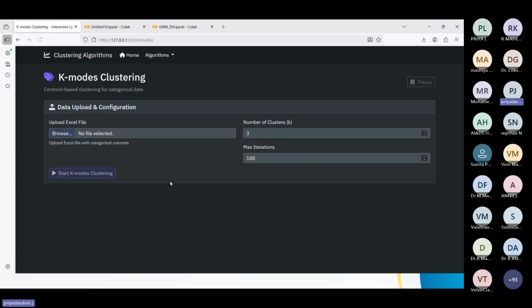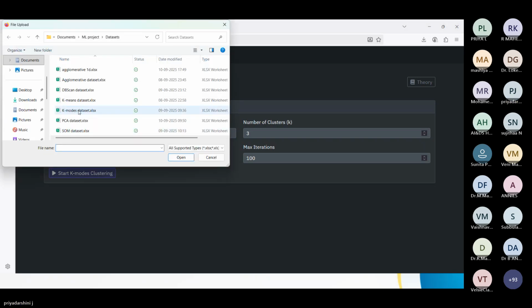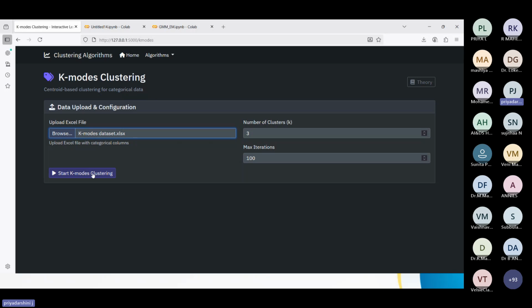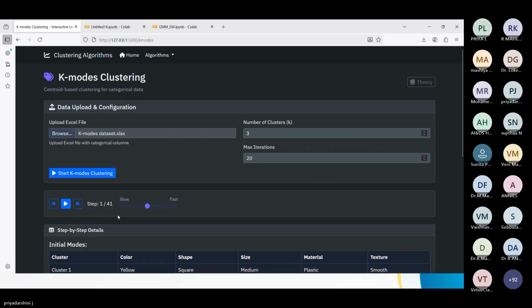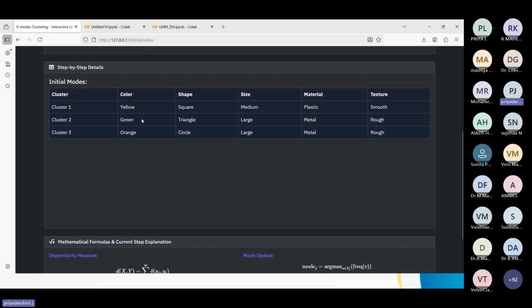I'll show you the data set also. You can see yellow, square, medium, plastic, metal, plastic or metal, medium or large, square or triangle or circle, smooth, rough.